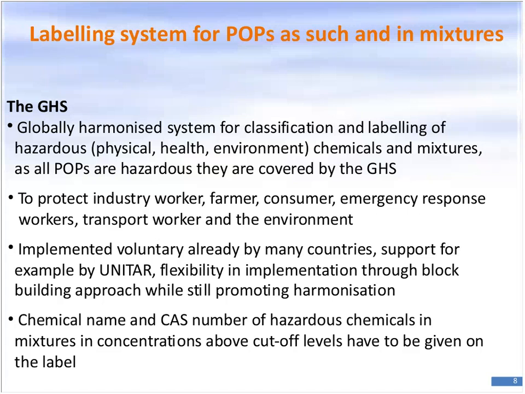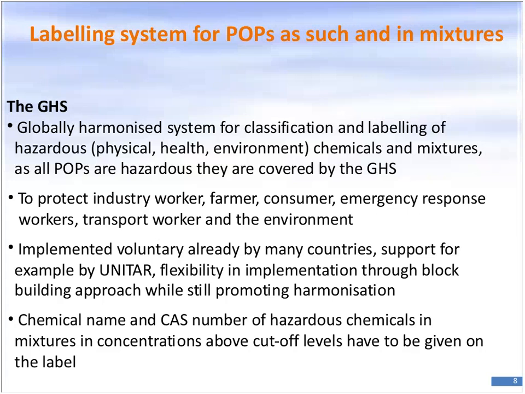The GHS is an information system along the supply chain for chemicals and mixtures to protect workers, farmers, consumers, and so on, and the environment. It is implemented voluntarily by many countries, as I said, about 60 to 70 countries.